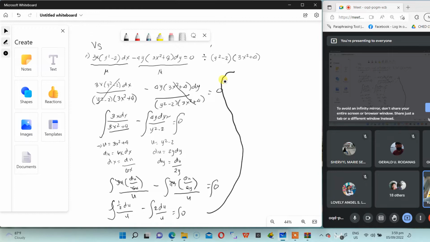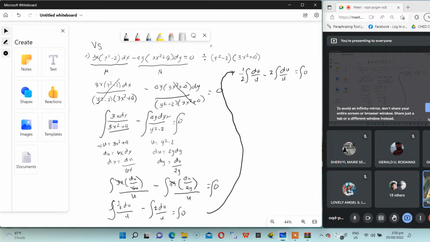In this case, we can move the 1 half outside the integral. So you have 1 half integral of du over u minus 2 integral of du over u equals the integral of 0.